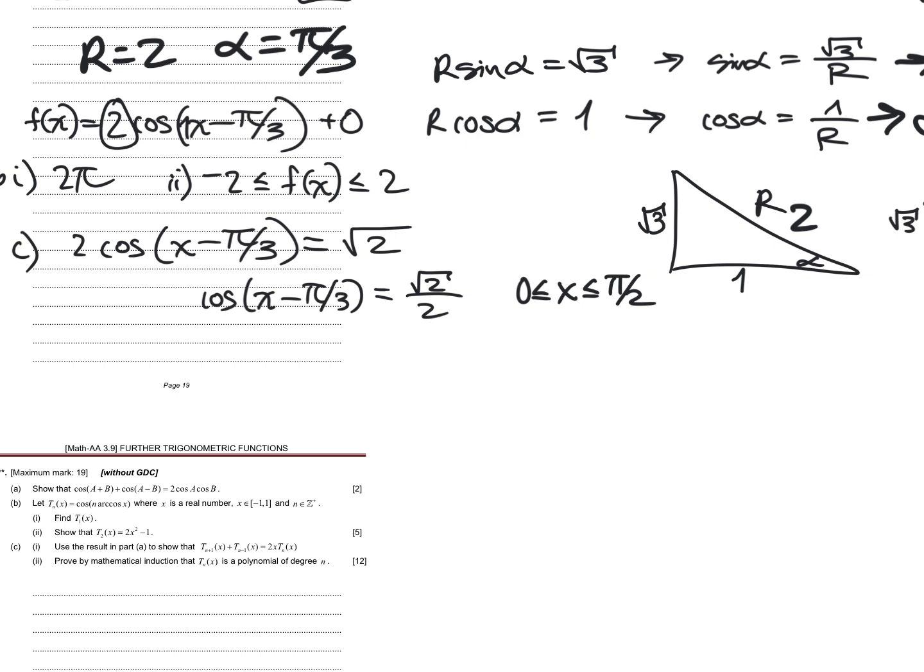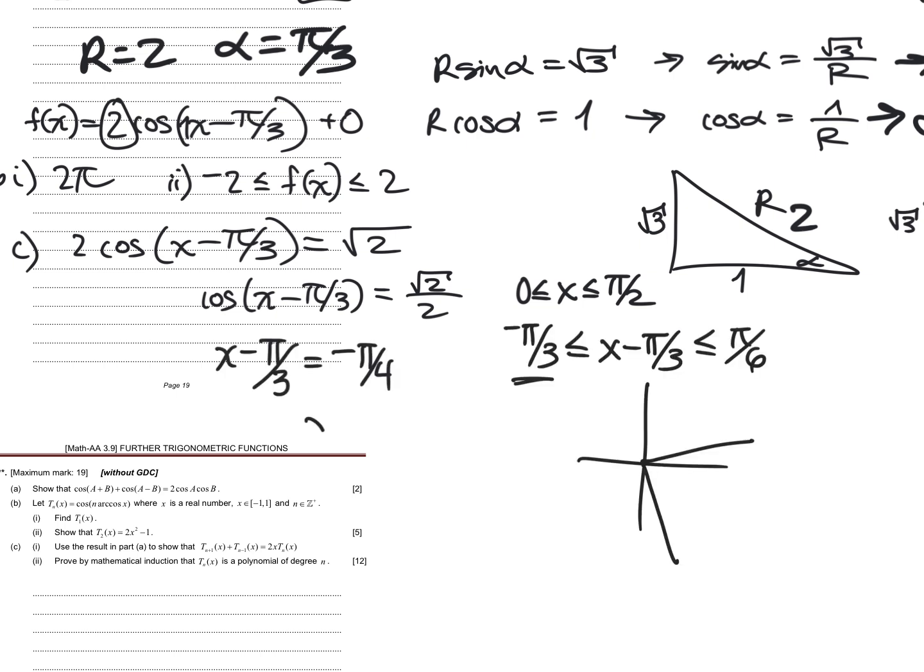Actually, it's not going to be pi over 4, because pi over 6 is less than that. So we're going to have negative pi over 4 plus pi over 3, which is negative 3 pi plus 4 pi over 12, which is pi over 12.